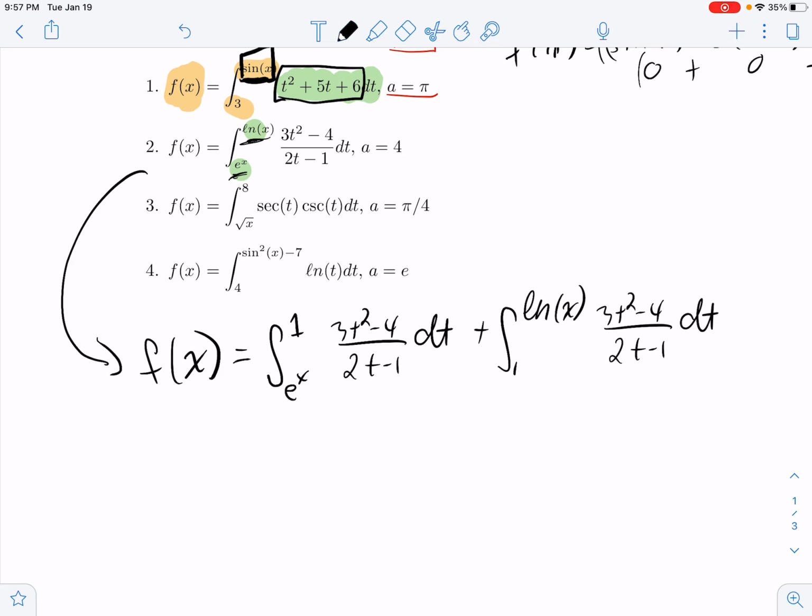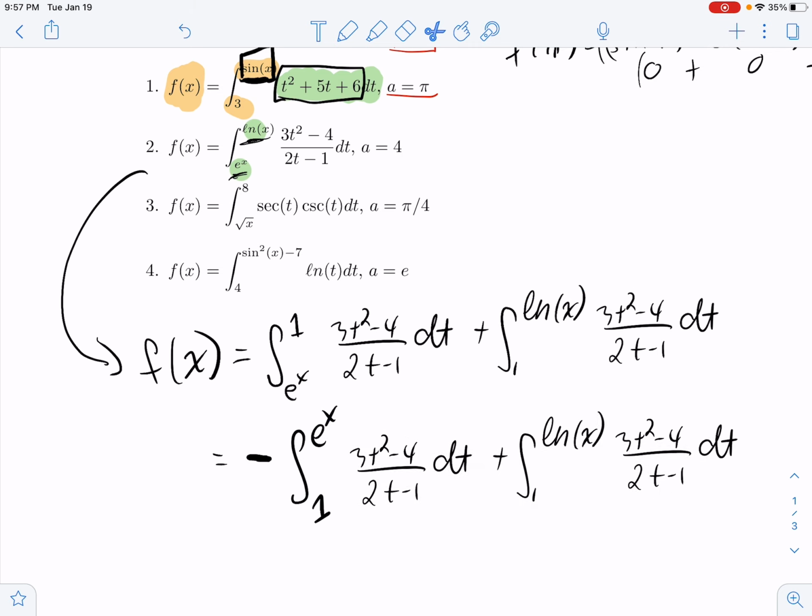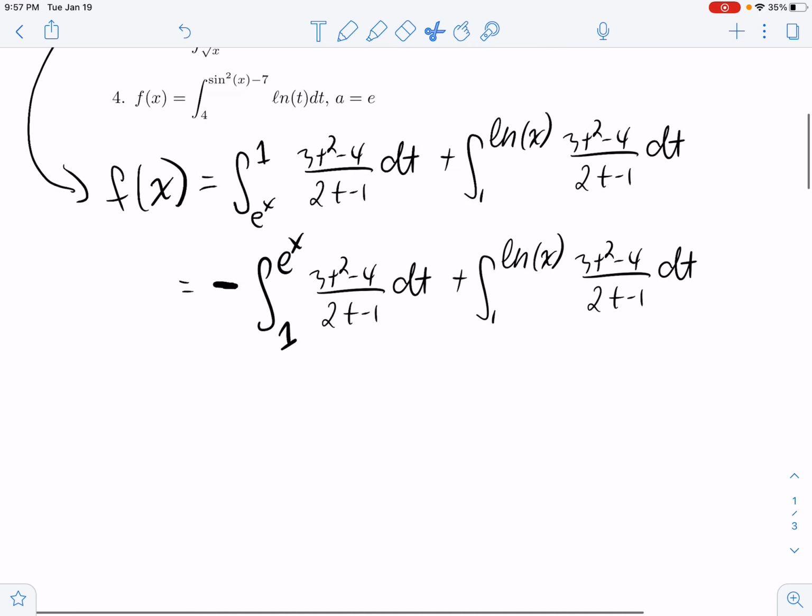because our function is on the bottom, but to fix that, I can slap a negative sign in front of it and swap my bounds. 1 to e to the x, and I'll just copy and paste this whole thing. Okay, and now we can just do our trick from before for this first guy.